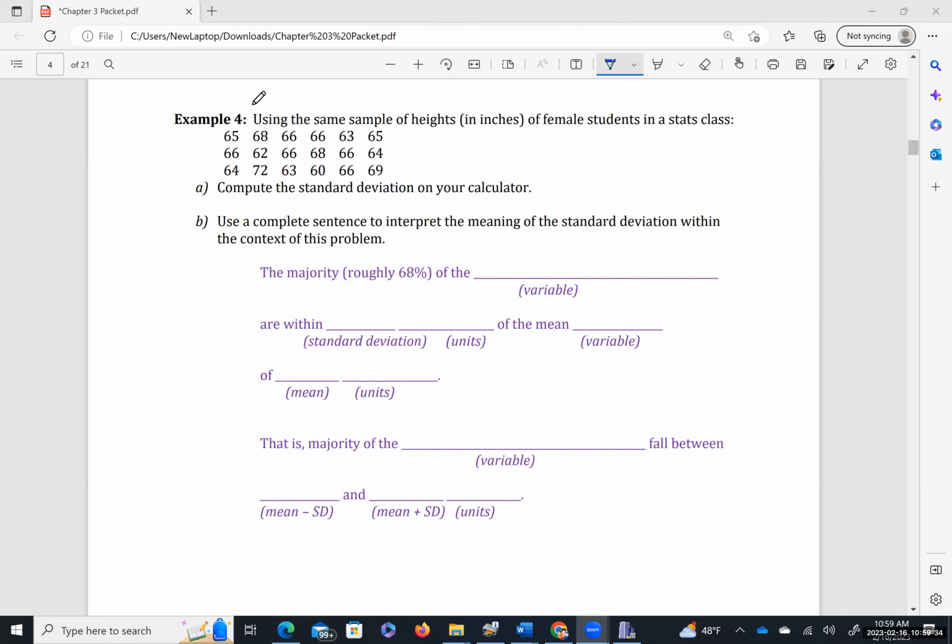So I'm going to pause. You should pause the video, and when you finish, click play to see the answer key.